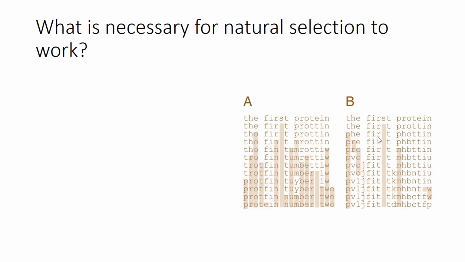So now, if natural selection were going to generate new structures, if this were possible here, where we go from the first protein and we generate an entirely different protein, maybe after some duplication event, the question is, what would need to be in place?